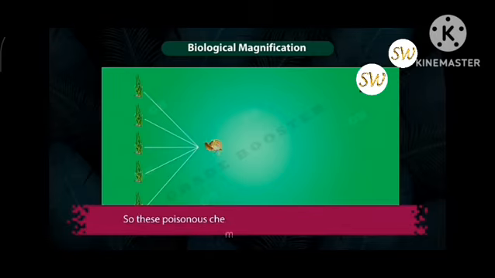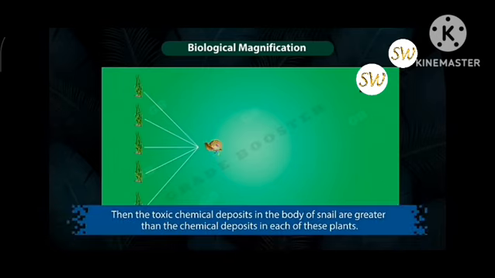So these poisonous chemicals enter the bodies of the snail. Then the chemical deposits in the body of the snail are greater than the chemical deposit in each of these plants. Now, if fishes eat such polluted snails in a very large quantity in their lifetime, then these fishes get more toxic chemical deposits into their bodies.